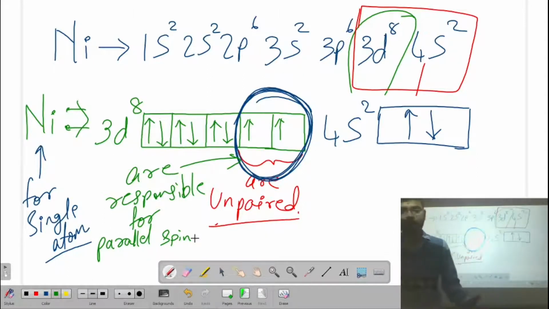If we have n number of atoms, then we will have more magnetic dipole moments, and the total resultant magnetic dipole moment of the material will be large. That is why it is ferromagnetic.